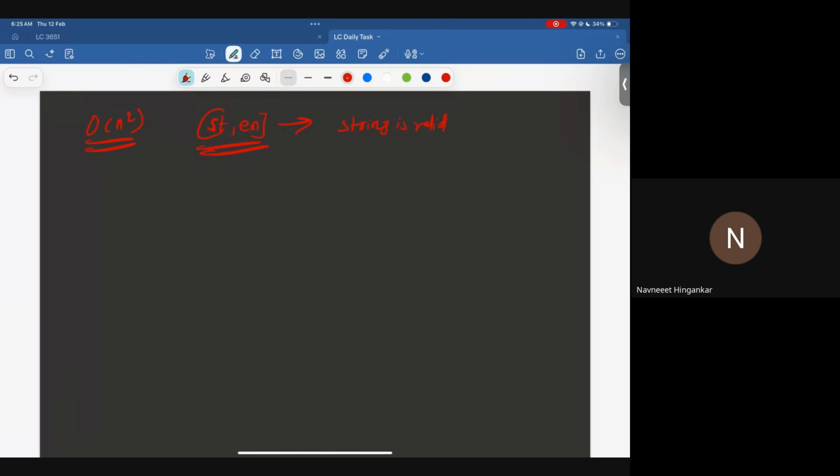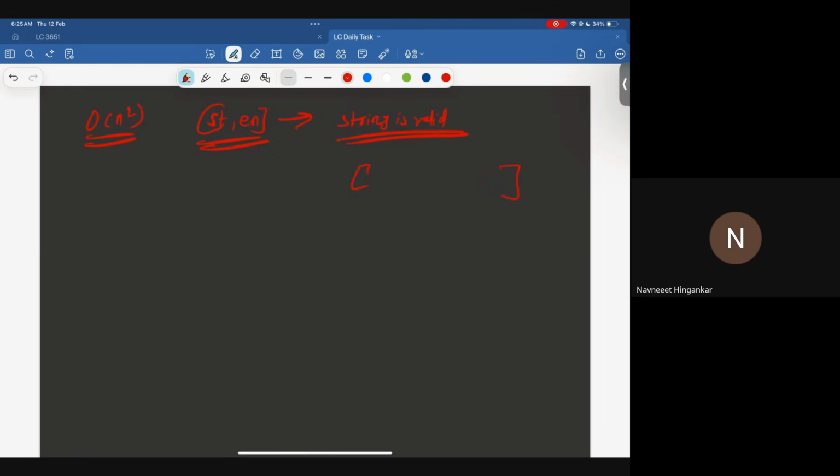How we will check is another implementation. Because the frequency is increasing by one, we will try to verify if that continuous set is valid or not.